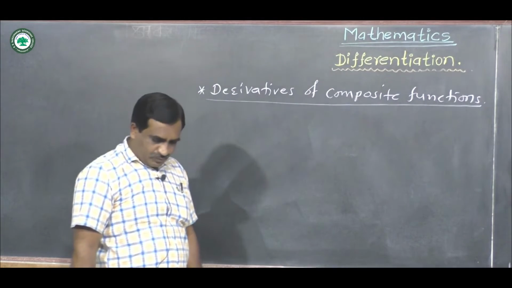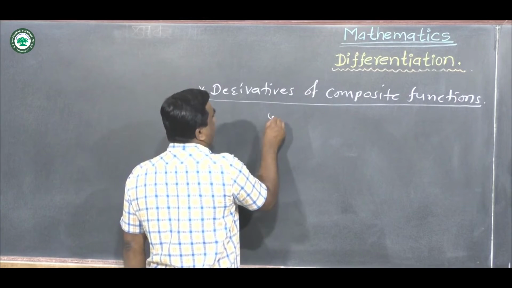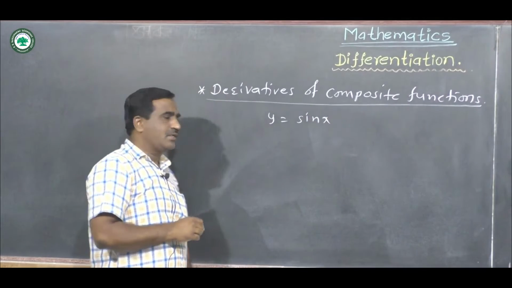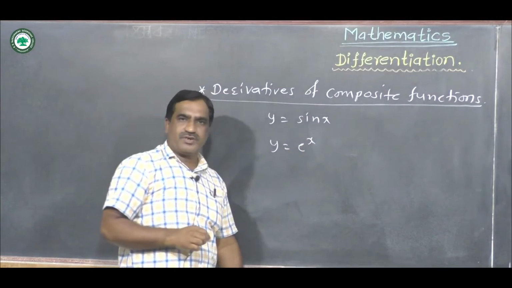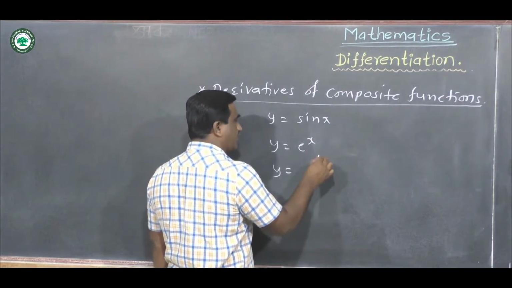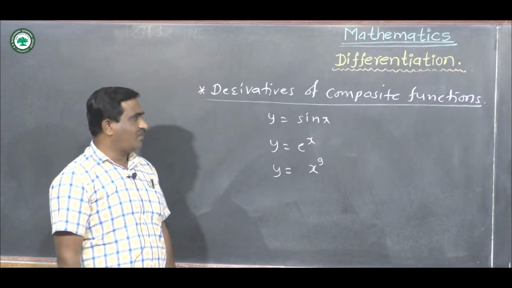Now we know that for composite function, first we see the simple function. We know that y is equal to sin x is a simple function, or y is equal to e raised to x is also a simple function, or y is equal to x raised to 9 is also a simple function. All these are simple functions.